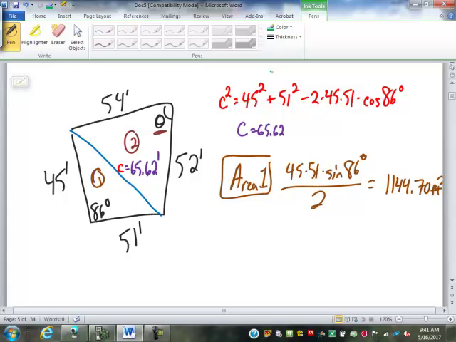To find that angle, I'm going to use my law of cosines again, with that being my angle, this being side C. So 65.62 squared equals 54 squared plus 52 squared minus 2 times 54 times 52 times the cosine of theta. We don't know the angle.